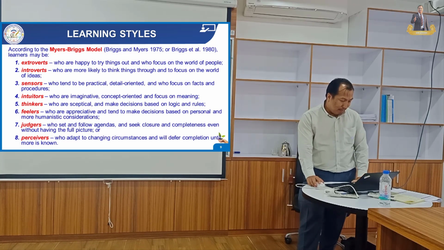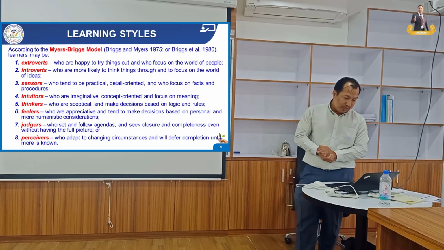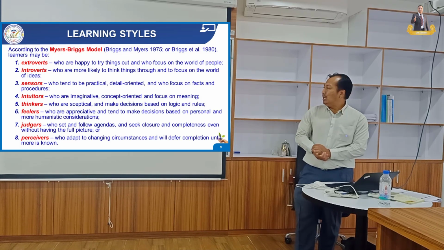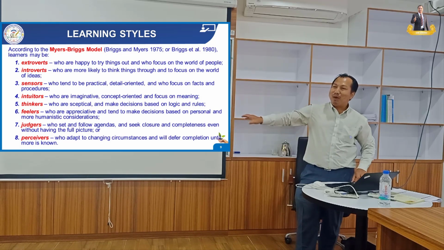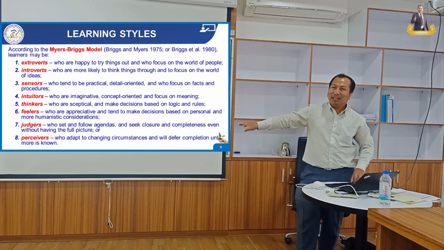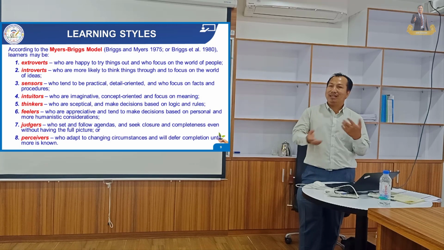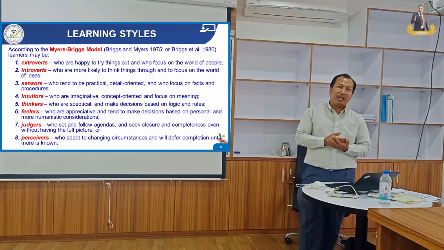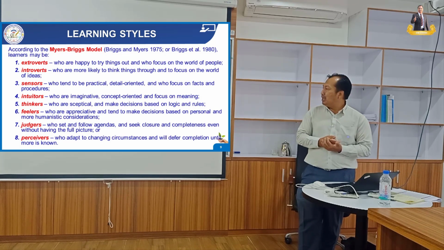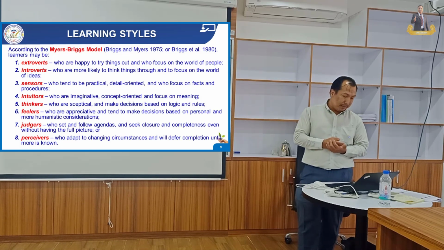And number 7 is judges, who set and follow an agenda and seek closure and completeness even without having the full picture. Maybe they follow, and even though they do not get enough information, they keep seeking completeness of that information.